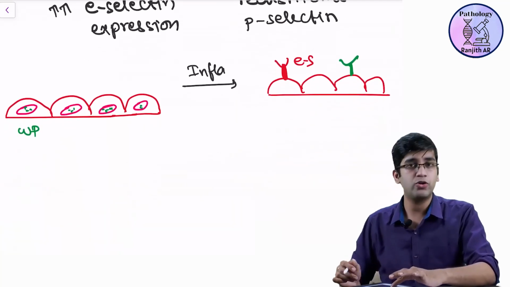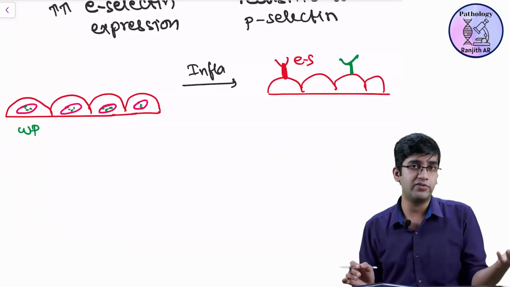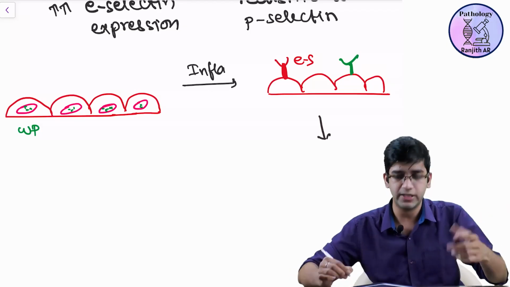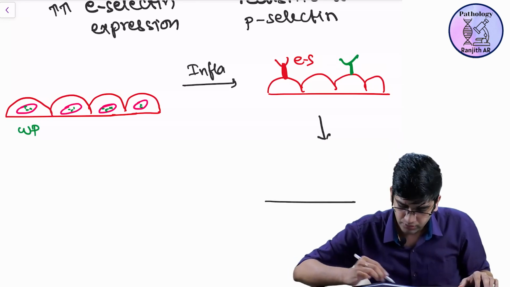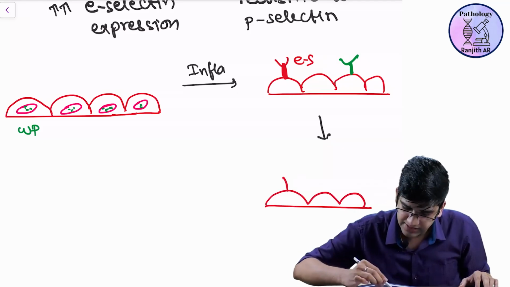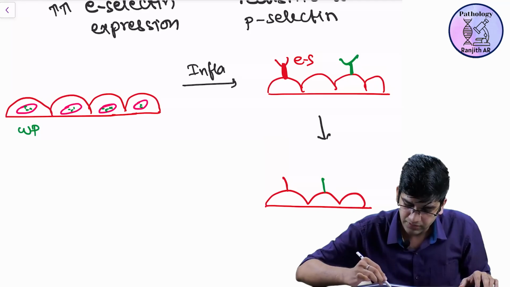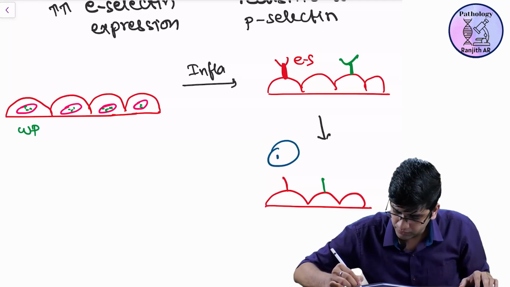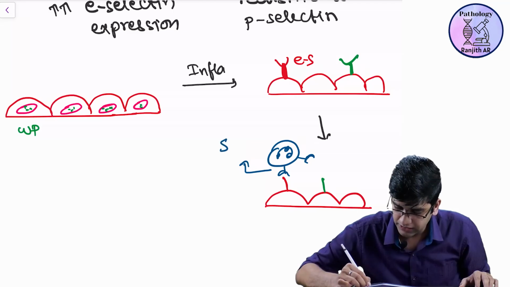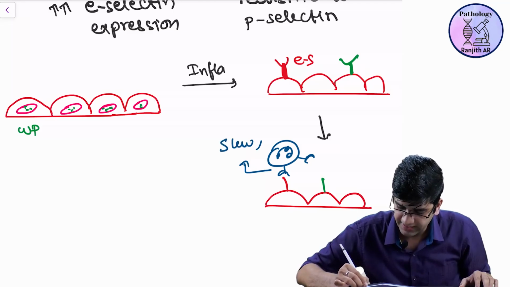That's the reason I will not have binding or rolling before inflammation. It only happens after inflammation. Once this happens, we saw the video, right? It's perfect. I have E-selectin and I have P-selectin, and my WBC will bind to it with the help of the sialyl-Lewis X receptor.